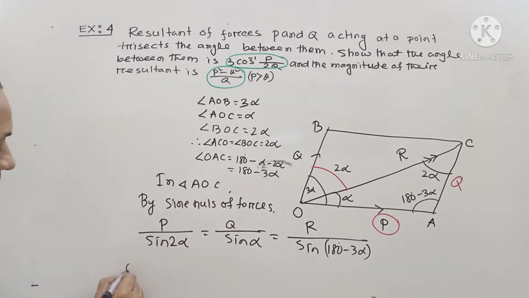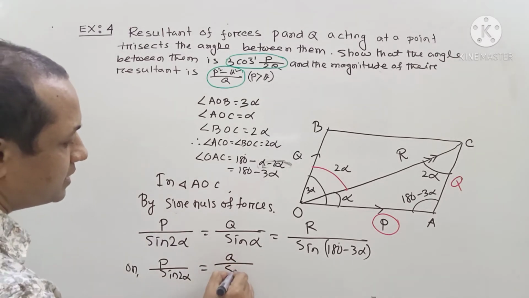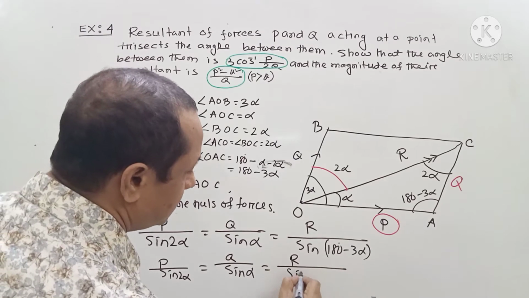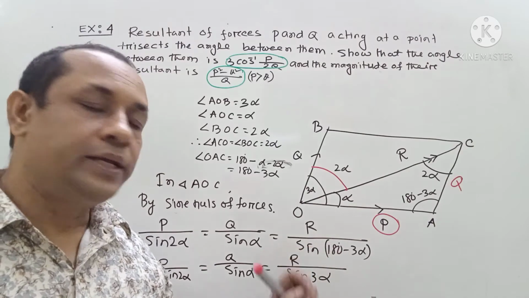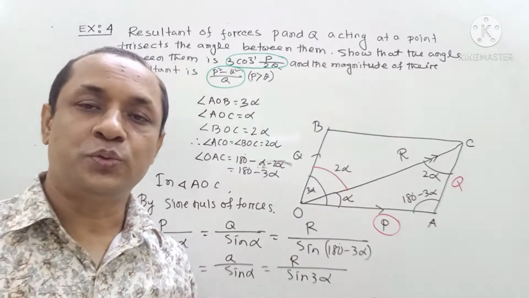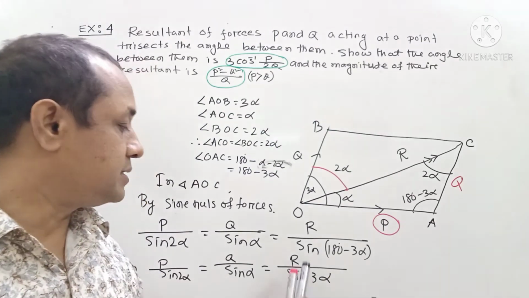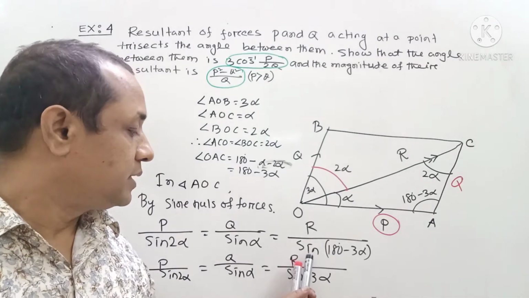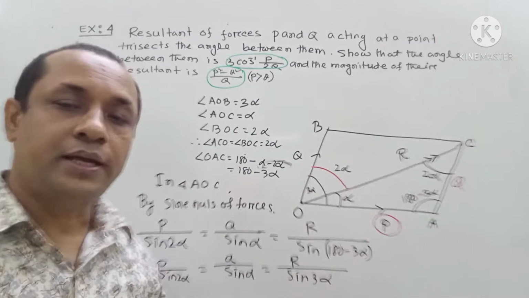Then next line: P by sine 2 alpha equals Q by sine alpha equals R by sine 3 alpha. Here, 180 degrees means 90 into 2, an even multiple, so the trigonometric function stays the same, with theta as thrice alpha.